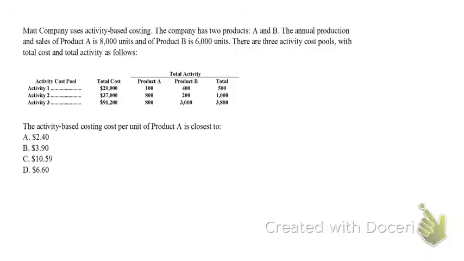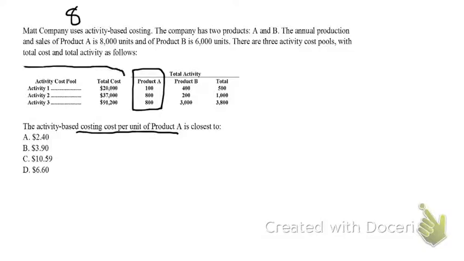Next is question number 8. We're looking for the activity-based cost per unit of product A. I've got all my items here, and my activity costs are here. Notice this is set up a little bit differently than on the quiz.